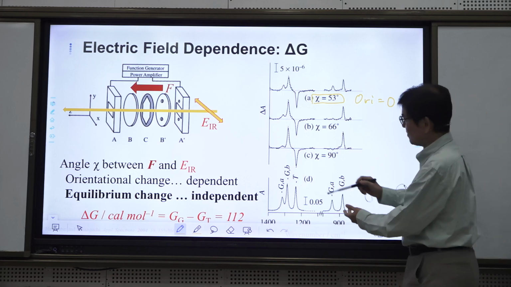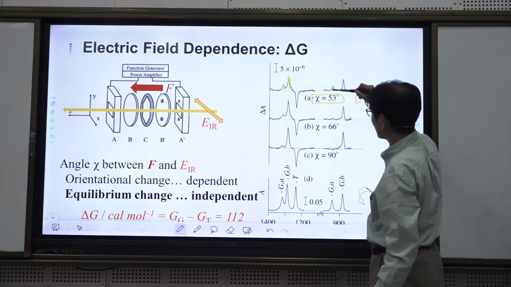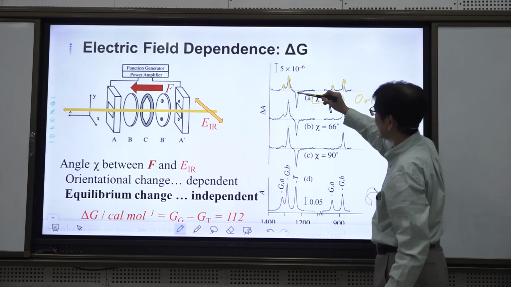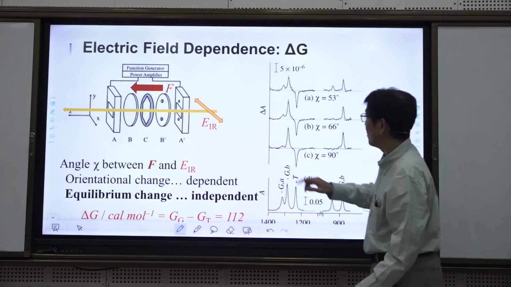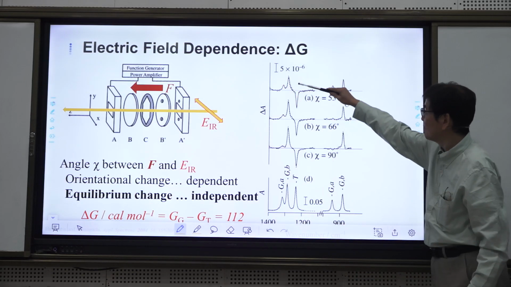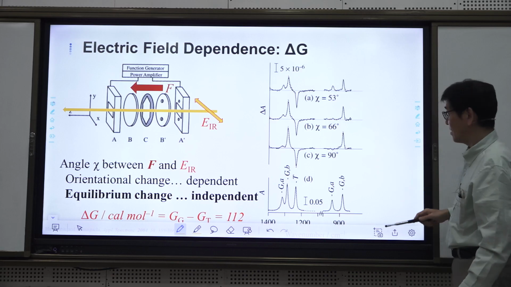And you see gauche increase, gauche increase, gauche increase, gauche increase, trans decrease. So all the peaks give a comparable response.